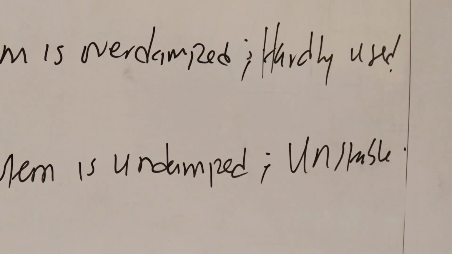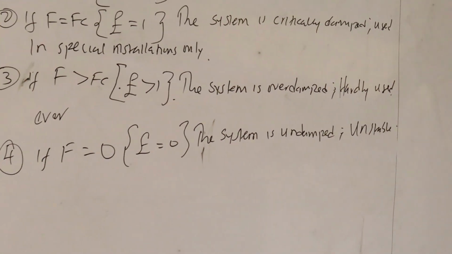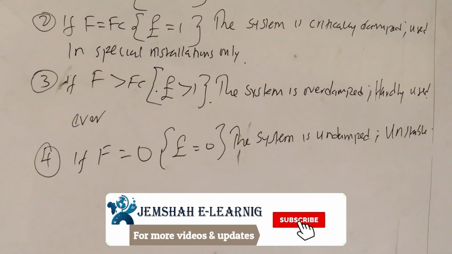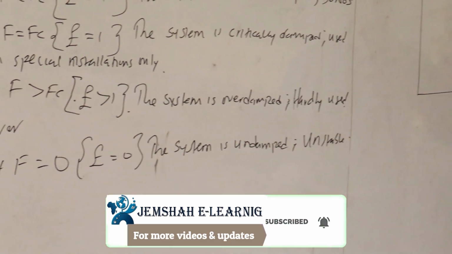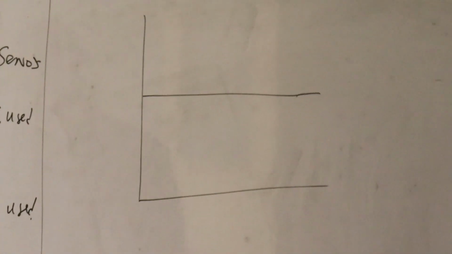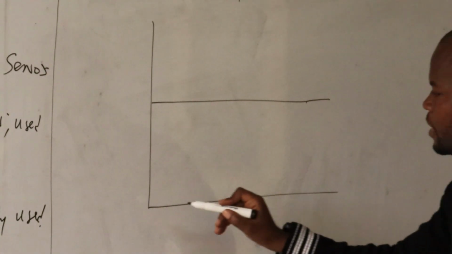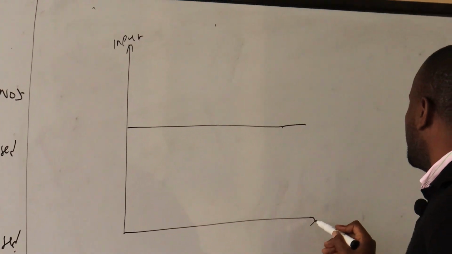These can be represented in terms of a graph in order to show how the response will be, and we are going to use the step input to show that. For the first one, the system is underdamped. It starts from here. This is the input, and this is time.